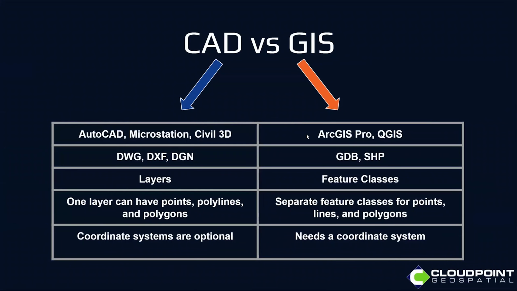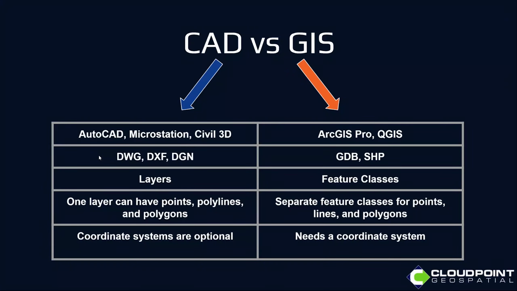For GIS, the software we're looking at today is ArcGIS Pro. There are other options like QGIS, but I prefer ArcGIS Pro because it has a lot of good built-in tools that will make this process a lot easier.